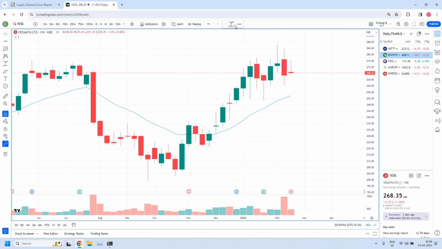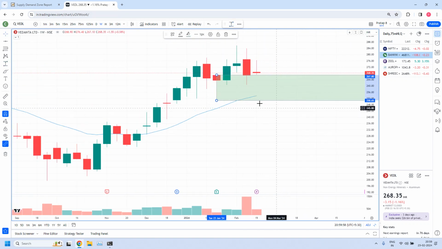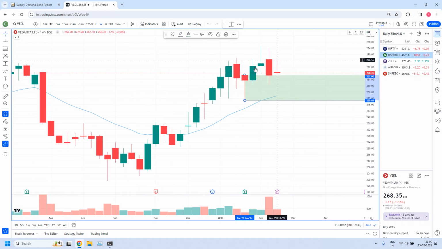We have a drop candle. We have a base candle. See, this zone is having EMA confluence. Price overextension is also almost done. How is price overextension completed here? With the horizontal candles.